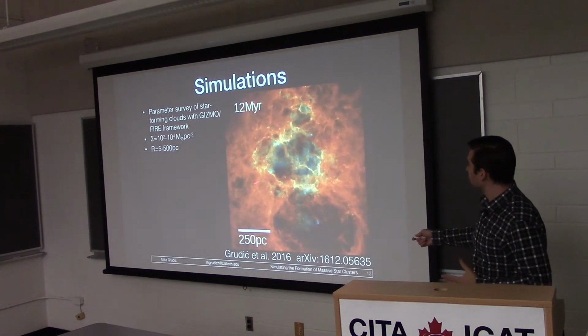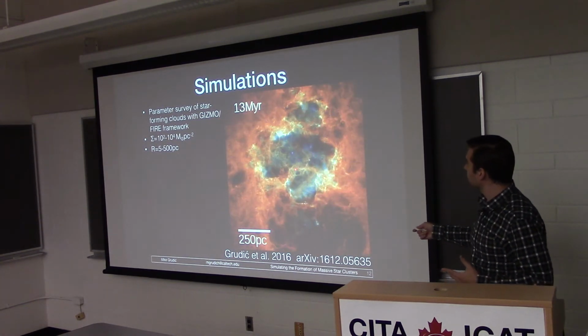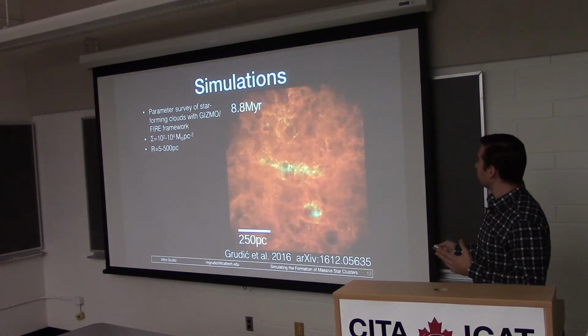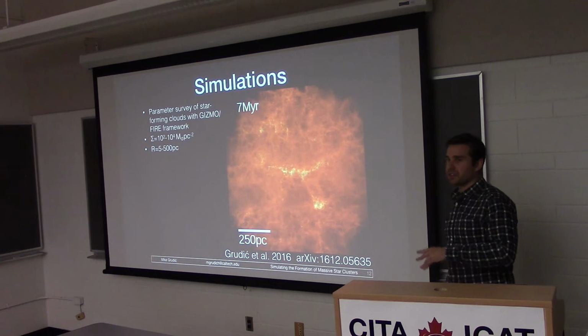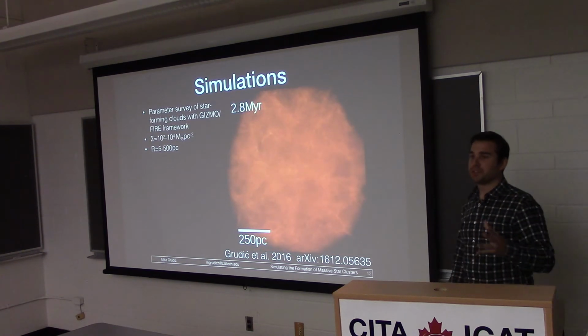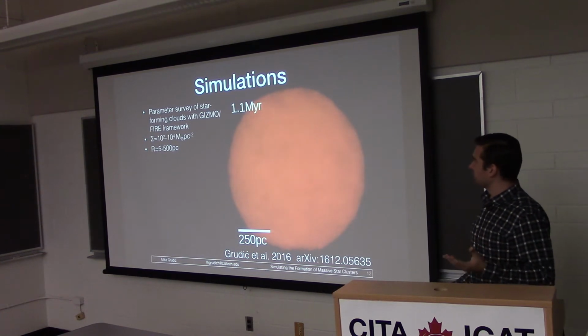So the orange stuff you're seeing here is gas. The little blue knots are star clusters. So what happens is that the cloud collapses. It forms stars. Eventually, it forms so many stars that essentially it overshoots the Eddington limit, and the cloud self-destructs.